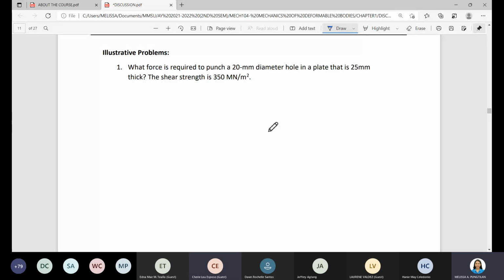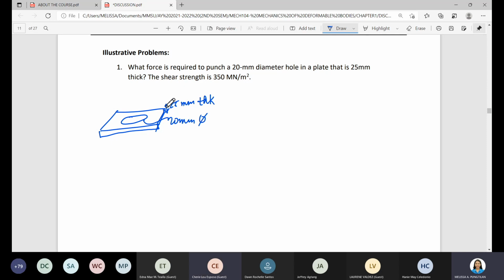So, this example is just the same, the illustration number 3 or the illustration C kanina. So, meron daw tayong plate that is 25 mm thick. So, this is 25 mm in thickness. And then we need to punch a 20 mm diameter hole.